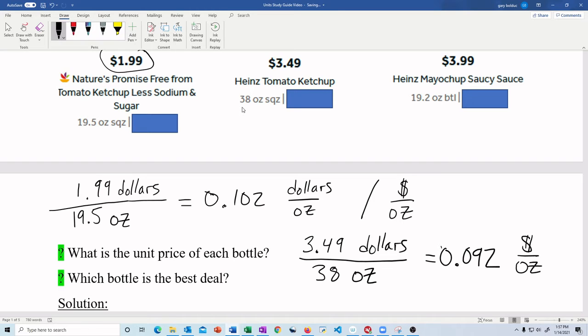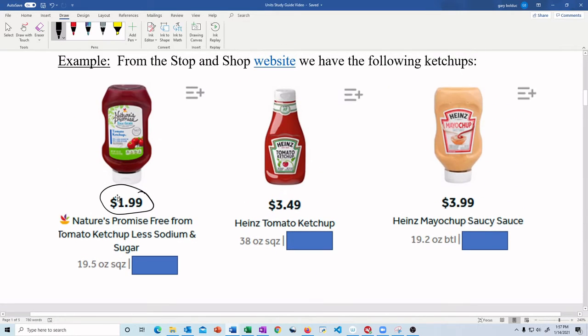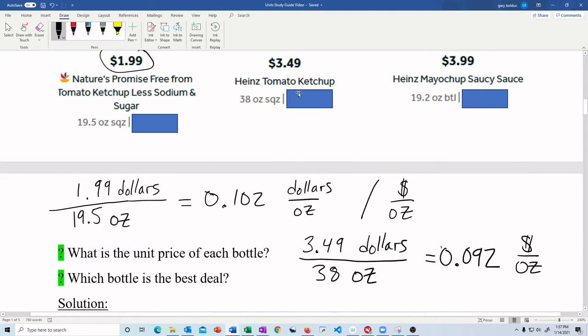So maybe when you first looked at this, you said, oh, the Nature's Promise costs less. It's better. Well, if you want to answer the question, not what costs less, but what costs less per ounce, so what's the better deal for what you're getting? Actually, this second one, the $3.49, is really the better deal.